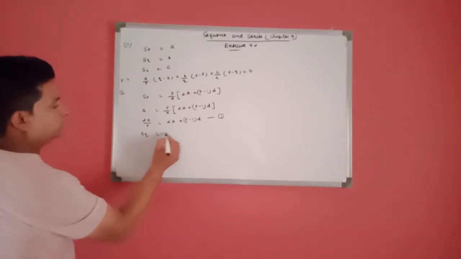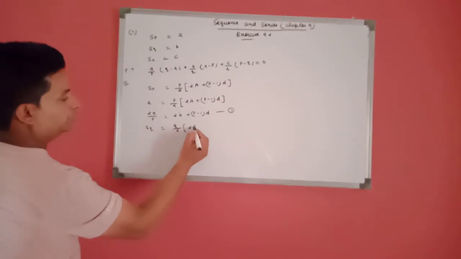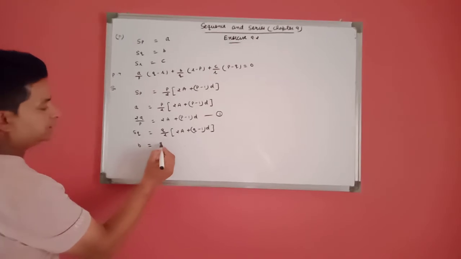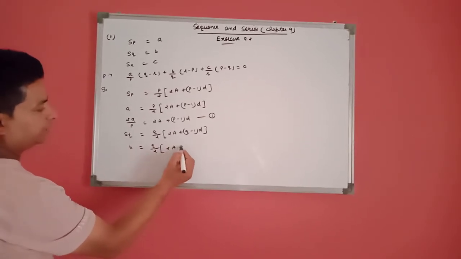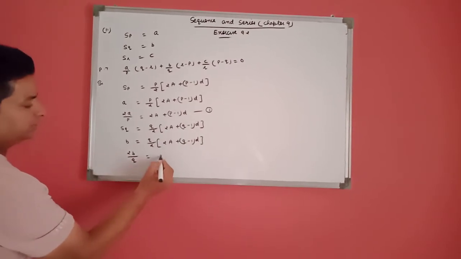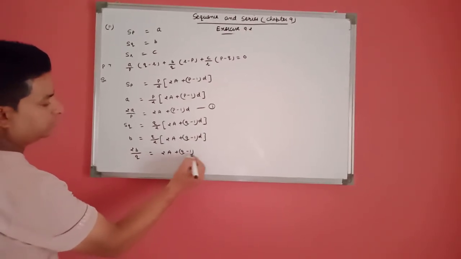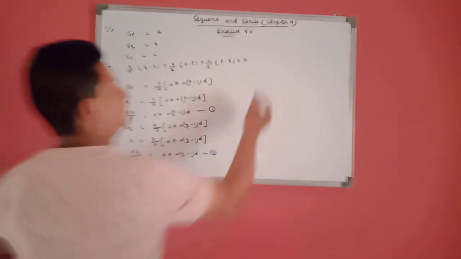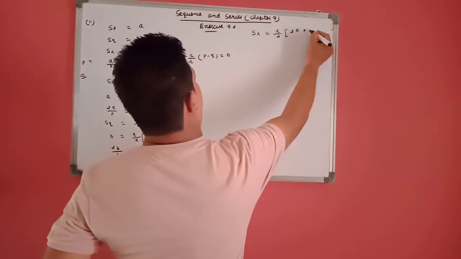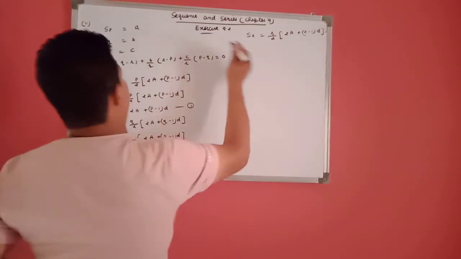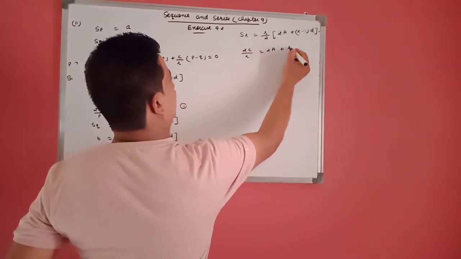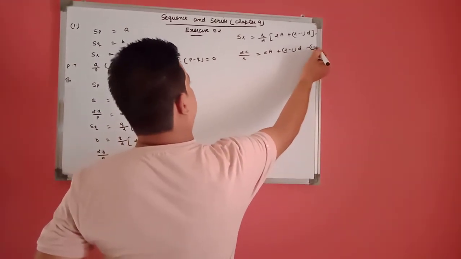And same, S_q is q upon 2, 2A plus (q minus 1) into D. So S_q is b, b is equal to q upon 2, 2A plus (q minus 1) into D. When we multiply this, we get 2b upon q equals 2A plus (q minus 1) into D. This is equation number 2. And S_r is r upon 2, 2A plus (r minus 1) into D. When we put the value of c here and cross multiply, we get 2c upon r equals 2A plus (r minus 1) into D. This is equation number 3.